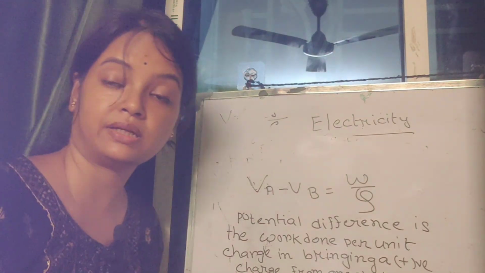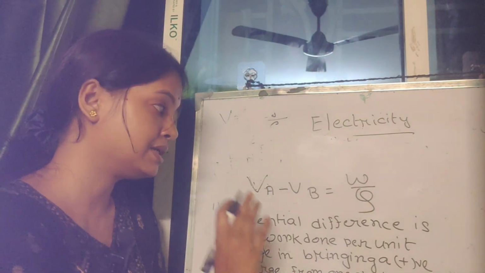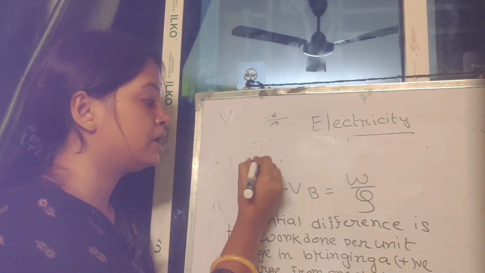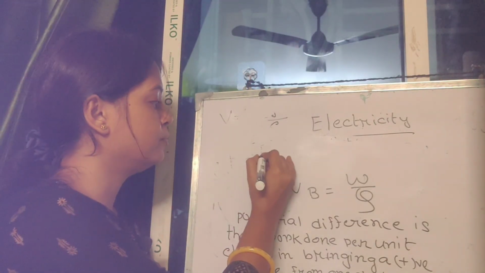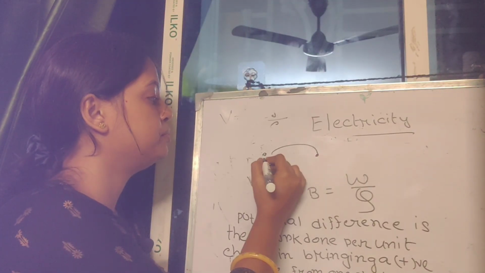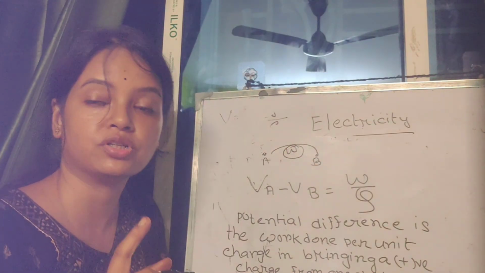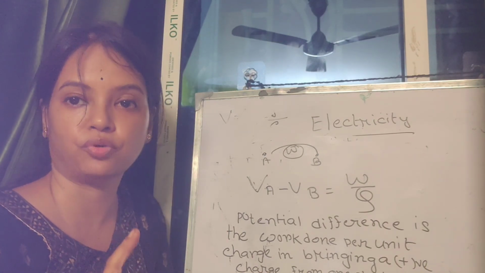Here we cannot say from infinity. This is the concept of potential difference. That means the work done in bringing a positive test charge from point A to point B is called the potential difference between the two points.